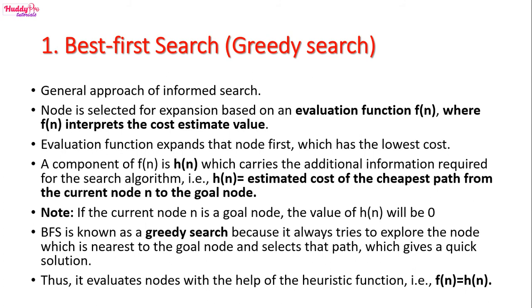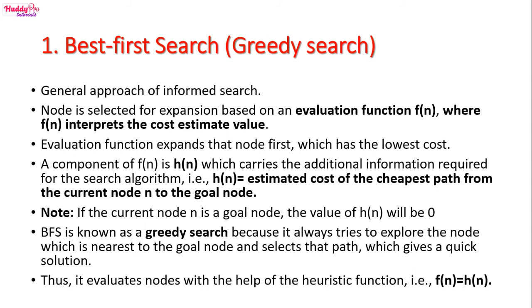We have the best first search, or the greedy search. Best first search is a general approach of informed search. Here, a node is selected for expansion based on an evaluation function, f(n), where that function interprets the cost estimate value.